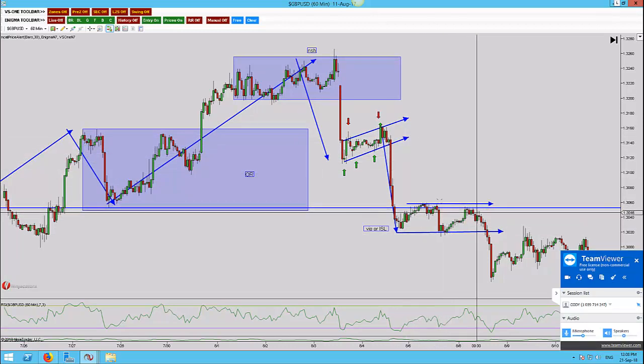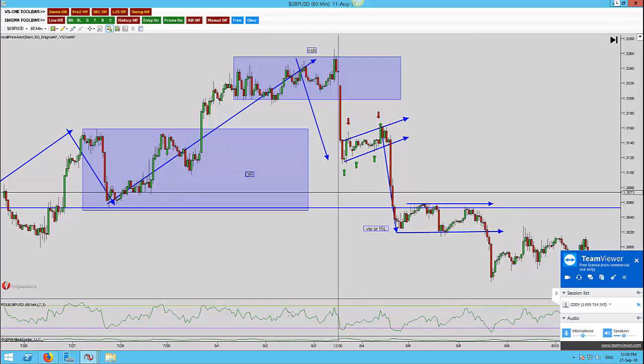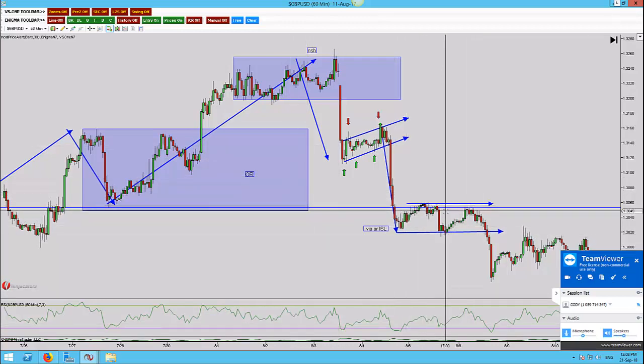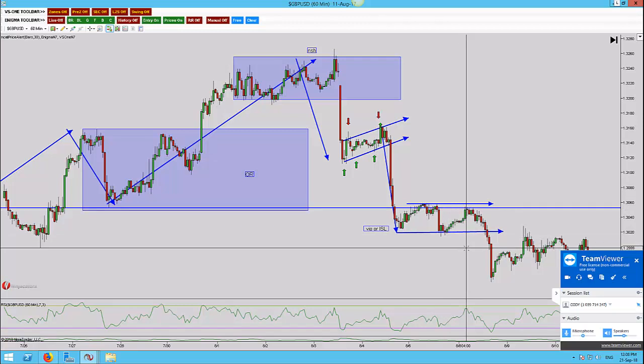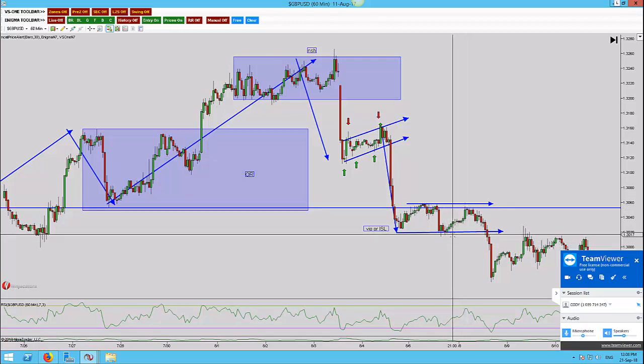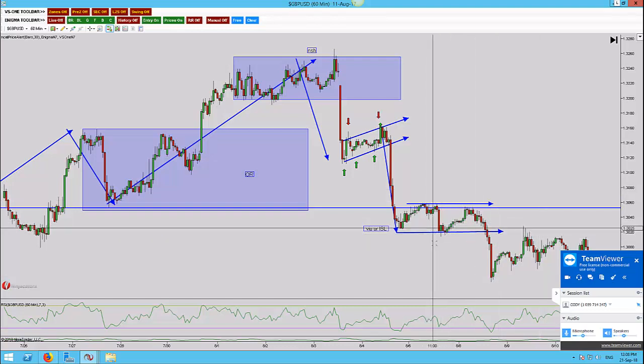This one, do you know what this one is called? Don't worry about it, man. Low and tight flag.